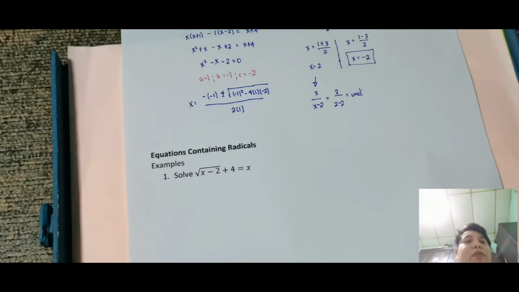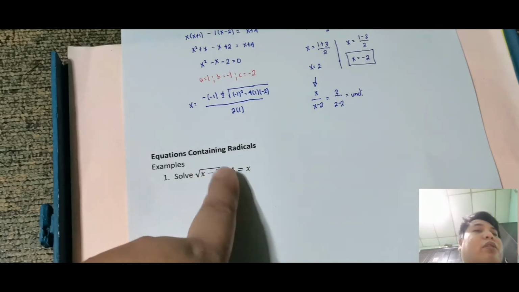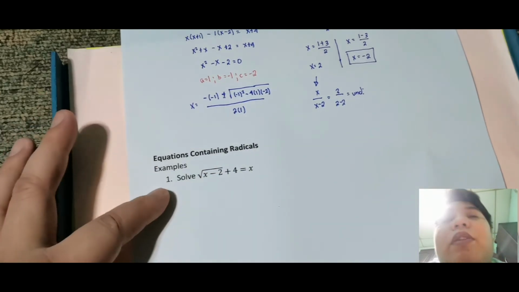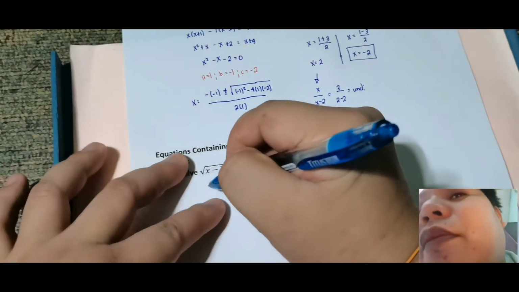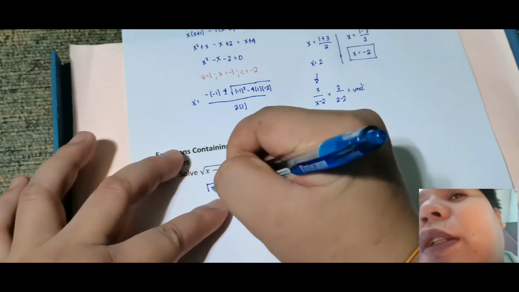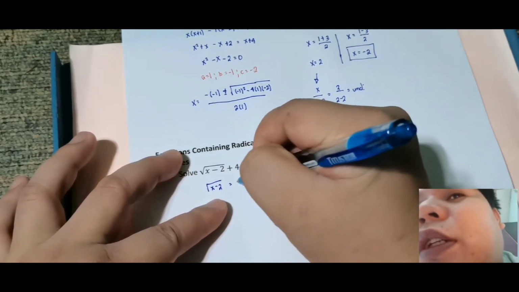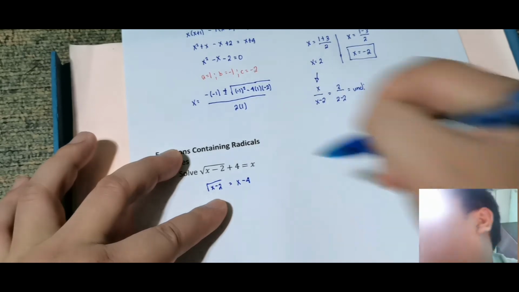So solve: the square root of x minus 2, plus 4, is equal to x. What do we do first when there is a radical? The rule for radicals is to isolate the radical on one side, whether left or right. In this case, I'll move the 4 to the other side. So this becomes the square root of x minus 2 is equal to x minus 4.